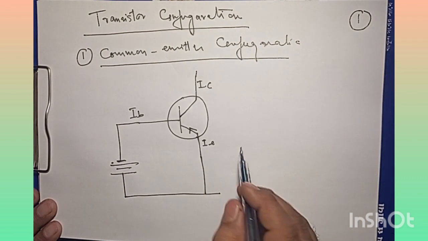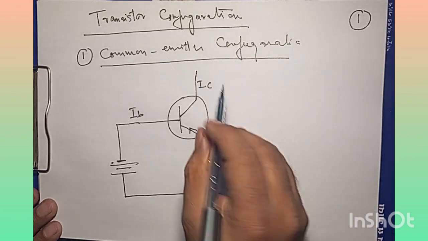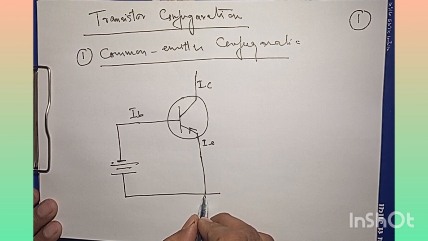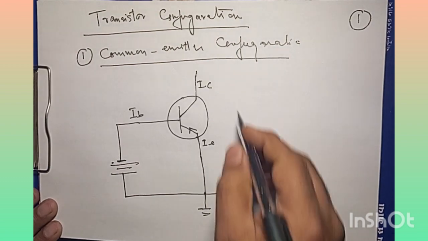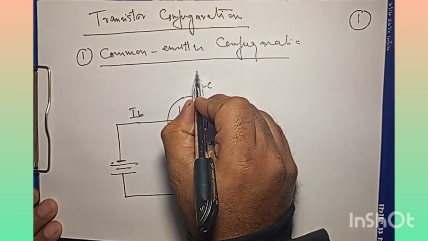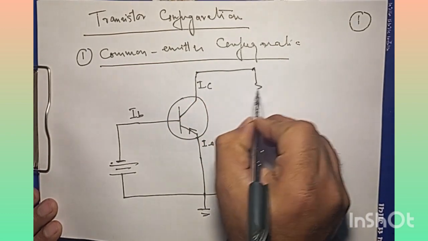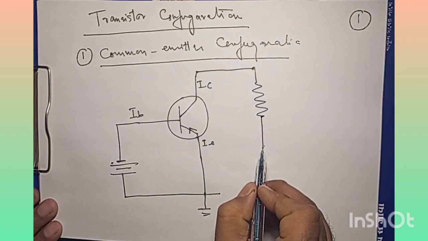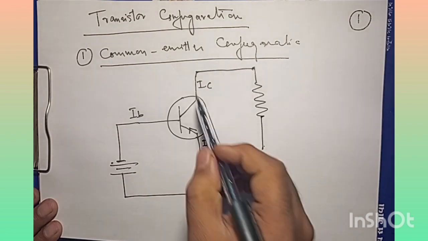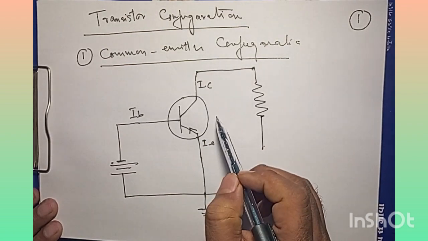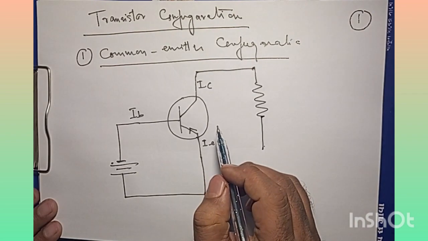And then talking about its output circuit, it should be reverse biased. So in that case, this should be grounded, and I would go with a load resistance RL, and then I will have another battery here. But I have to make sure that the output circuit of this transistor is reverse biased.